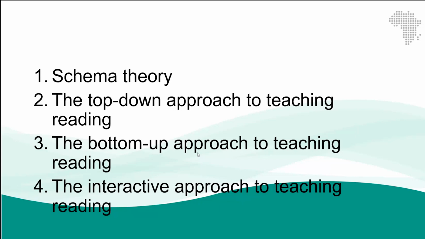That will be followed by the top-down approach to teaching reading, followed by the bottom-up approach, and lastly will be a combination of the top-down approach and the bottom-up approach, which is the interactive approach to teaching reading.